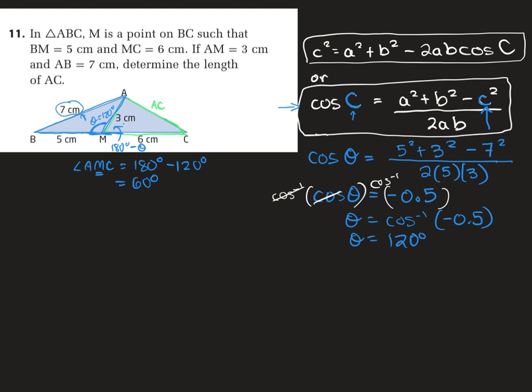Now we know this is 60 degrees. Looking at the green triangle, to find AC, we have the angle across from it, but we do not have any known pairs, so we can't use sine law. We don't know an angle and the side across from it. So we're using cosine law. But this time we're trying to find a side, so the cosine law we want is c squared equals a squared plus b squared, that one.